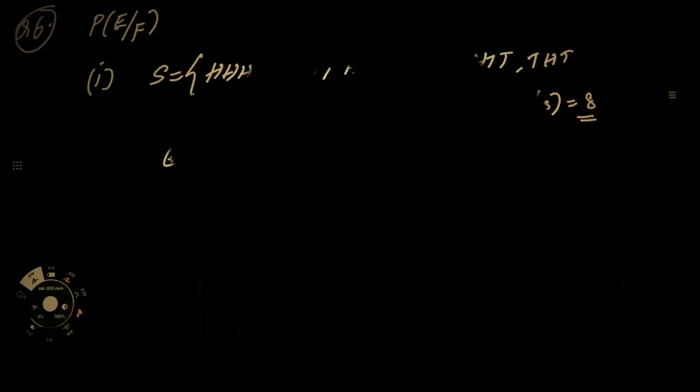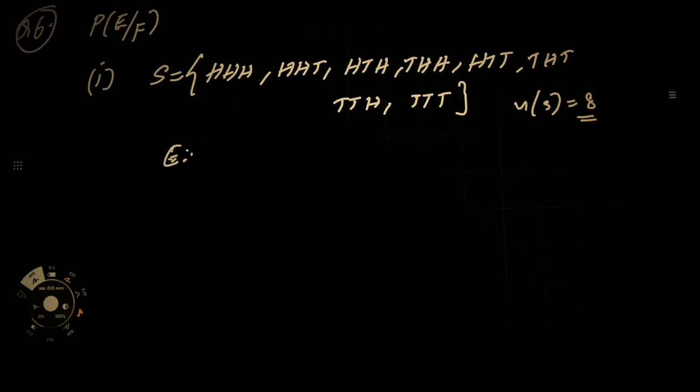Alright, so here E is defined as a head on the third toss. How many such possibilities are there?